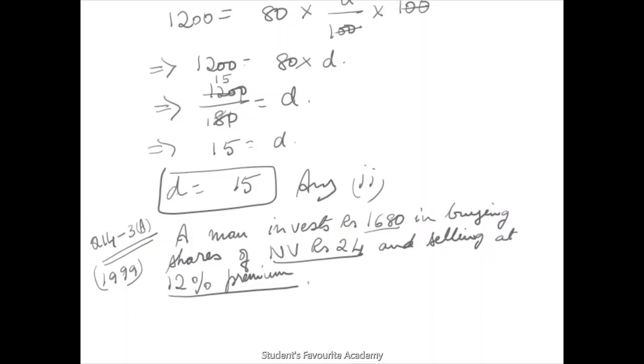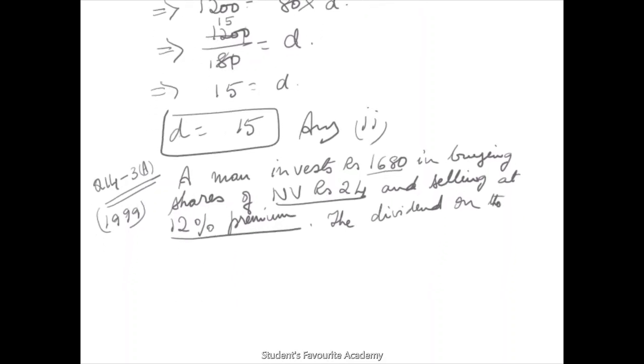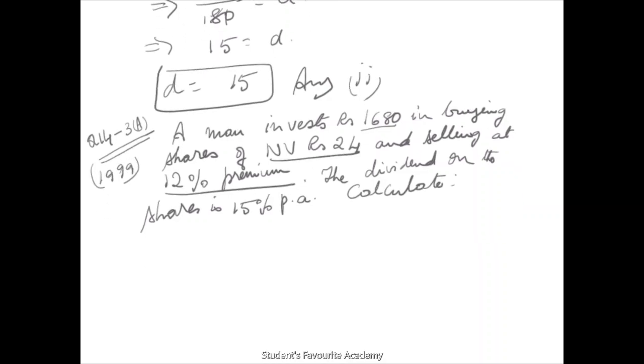Then the dividend on the shares is 15% per annum. So small d, that is dividend percent, is given. Okay. So calculate 1.